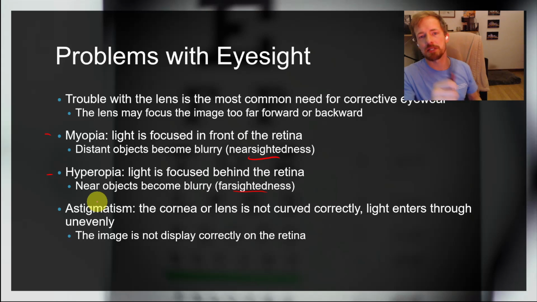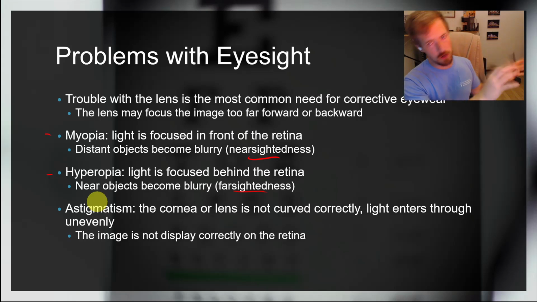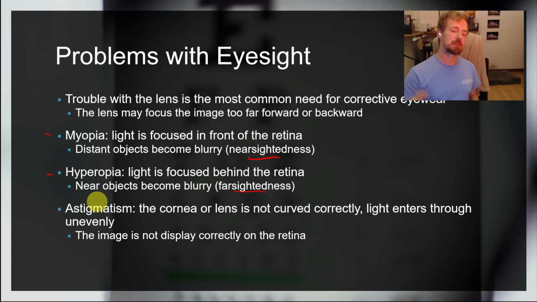And then we have astigmatism. I kept saying this is true for most problems with vision. Astigmatism is different than the other two. It's different from nearsightedness and farsightedness because it's way more expensive. And maybe one or two of you that have astigmatism that are watching right now, maybe you let out a sigh, or you almost laughed because you're like, yeah, it is.